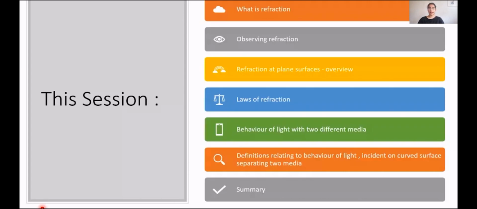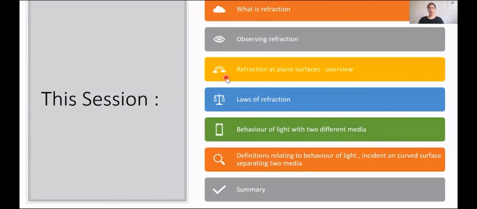Then we will get an overview of refraction at plane surfaces, that is, how the laws of refraction are followed and how refraction takes place at plane surfaces. For this explanation, I will use an example of how light travels from air into a transparent glass slab, and how it goes back out from it.